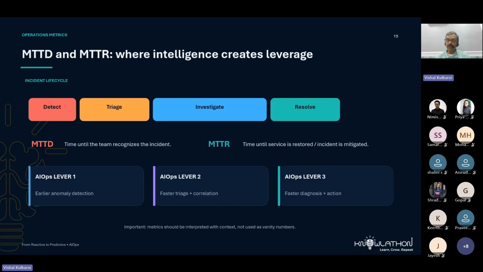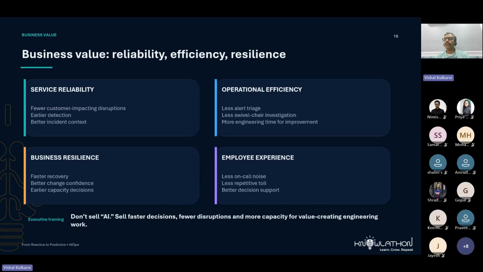come as recommendations. Business value, if I look at it from the business perspective, is anything which allows our customers to run their businesses seamlessly, right? It typically talks about reliability, efficiency, and resilience, right? When I talk about service reliability: fewer customer-impacting disruptions, earlier detection, and better incident context.